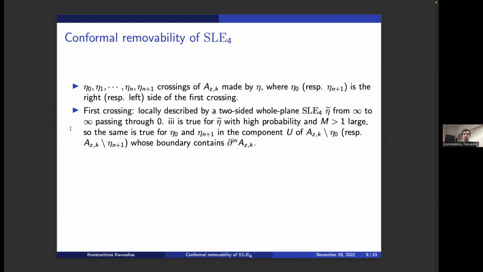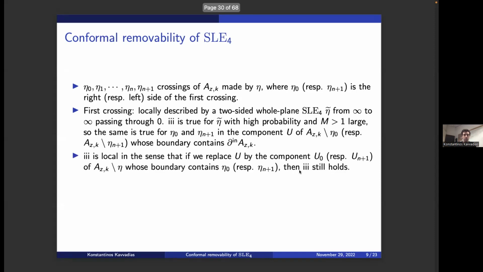So here, this argument proves that condition 3 holds for the first crossing, but in a larger domain, because we want to make sure that condition 3 holds for the connected component of the complement of the entire curve in the annulus, whose boundary contains the left and right sides respectively of the first crossing.